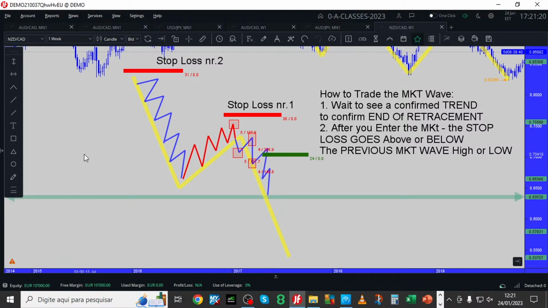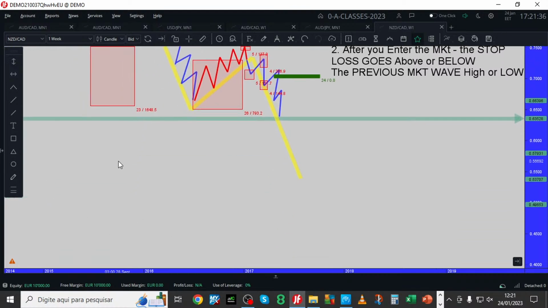If this is too complicated, everybody, just remember that extensions must be bigger, wider, longer, any vocabulary you use, compared to retracements. Make sense? Sometimes you have a down extension leg.